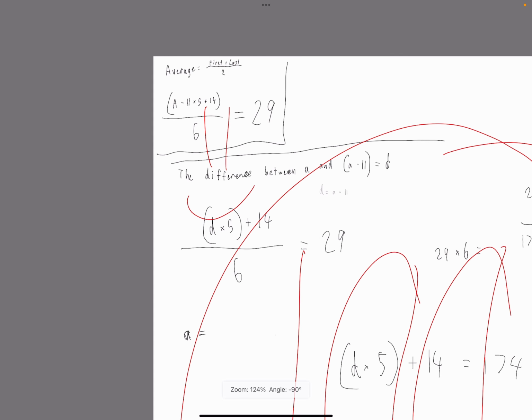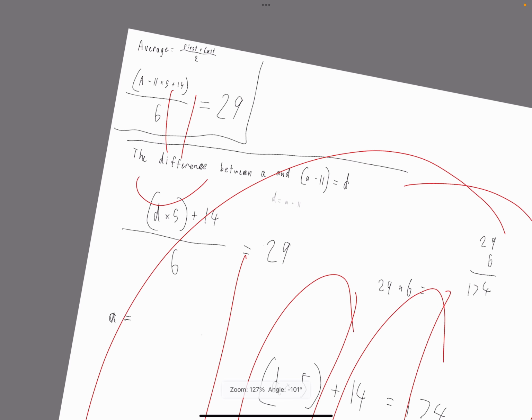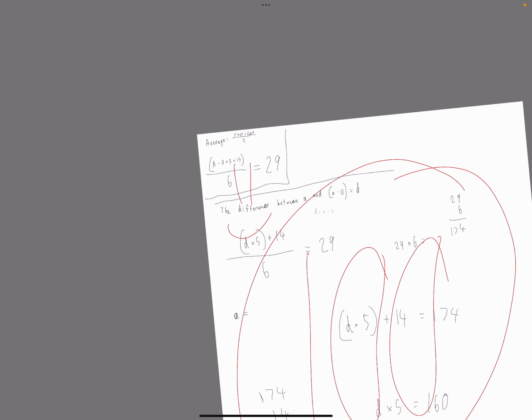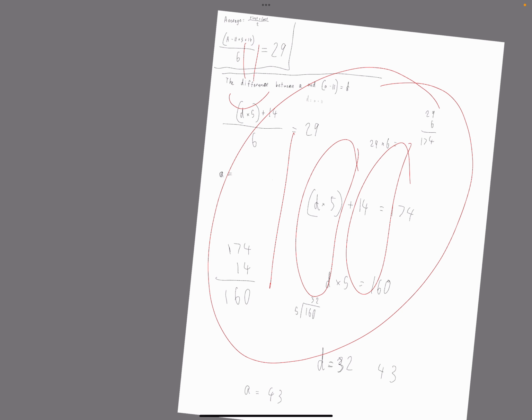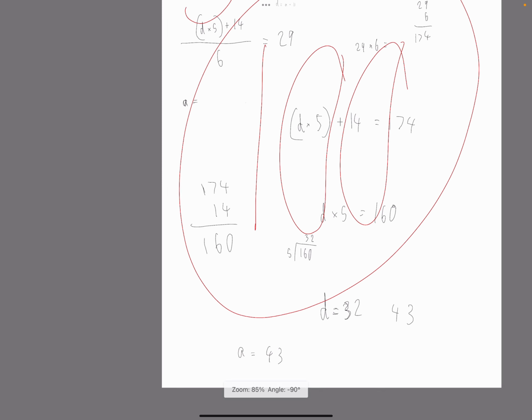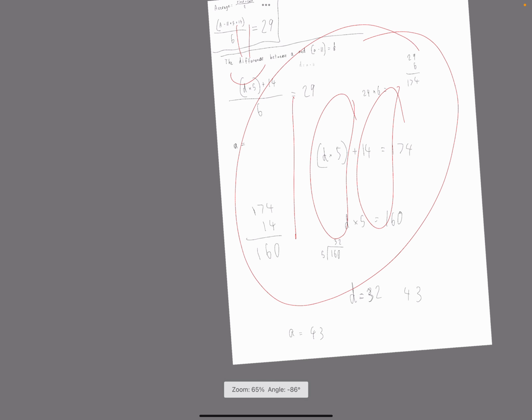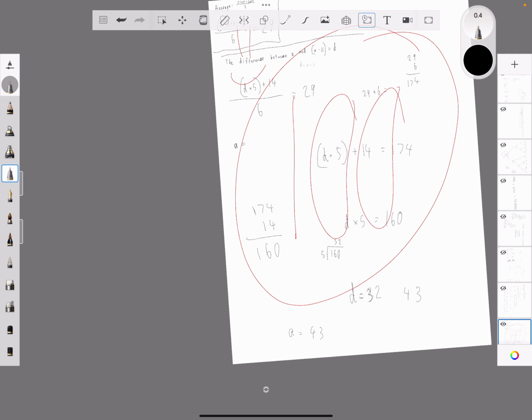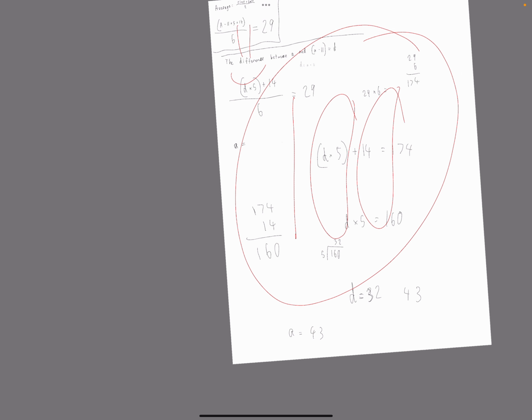What do I do? What do I do, bro? Okay, let's find the step that seems okay. So the answer D equal 32. So A equal 43.